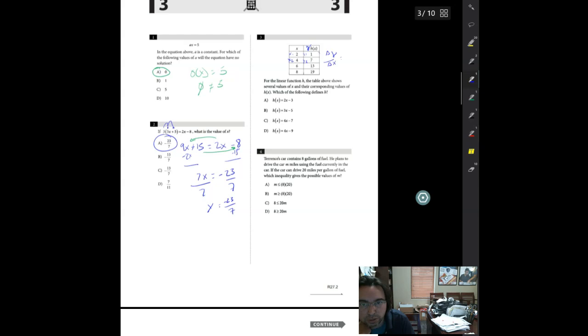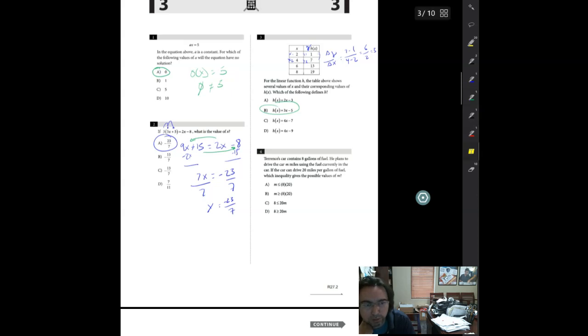So we're looking at 7 minus 1 over 4 minus 2. We're left with 6 over 2, or 3, as the slope. And then from there, we can see that the answer choice has to be B. We don't have to find the intercept on this one, since it's been given to us.